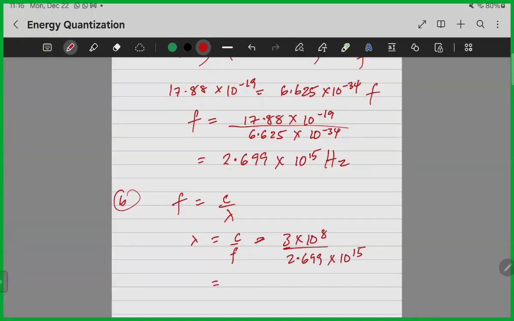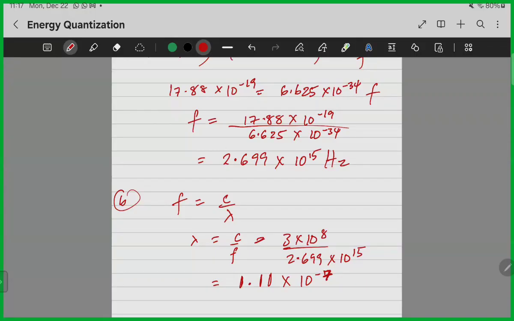So when we do that calculation, we get 1.11 times 10 raised to the minus 7.